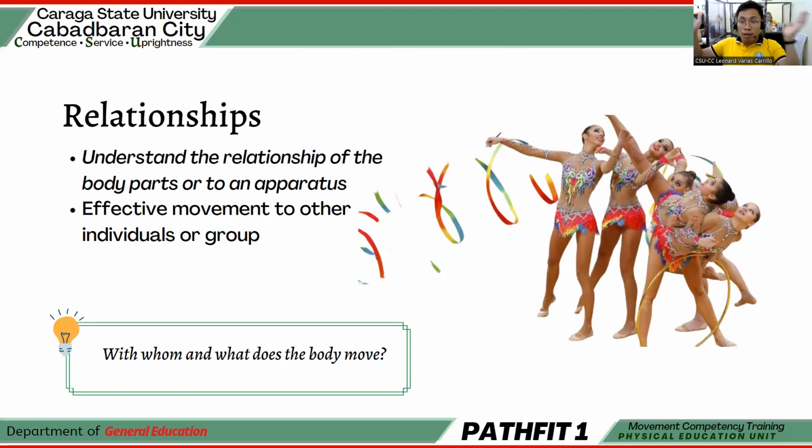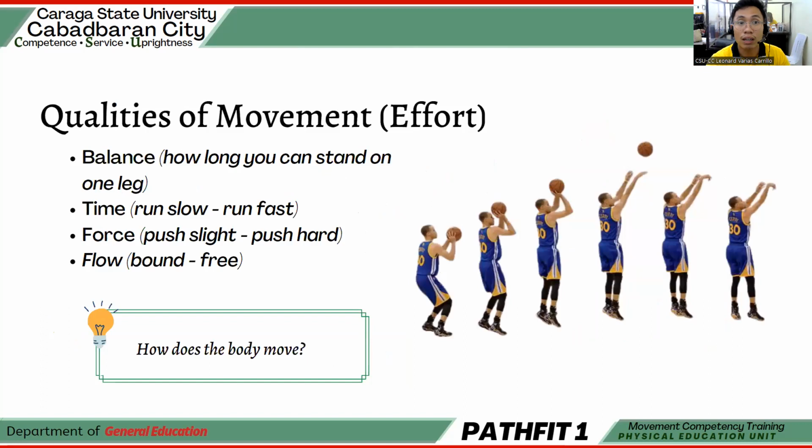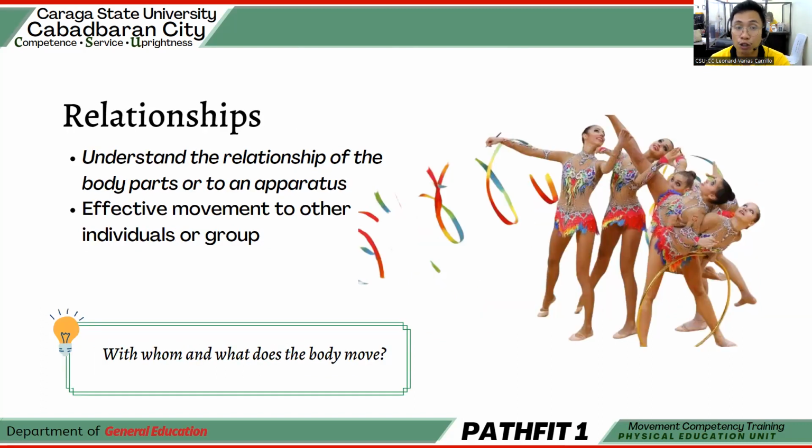Kay gubot ba kayo mag tanan lawas, pero we should have unison, we should have relationship with each other while performing. So nice gihapon mi lantawon, kay naa gihapon mi spatial awareness, body awareness, and qualities of movement or the effort in performing. So in relationship, again, we should always consider that it can happen to one person and with the others. Okay, the question about this is, with whom and what does the body move? So that is for relationships.